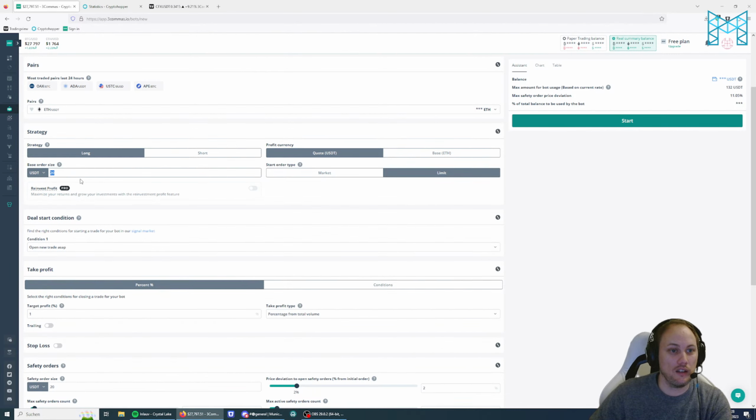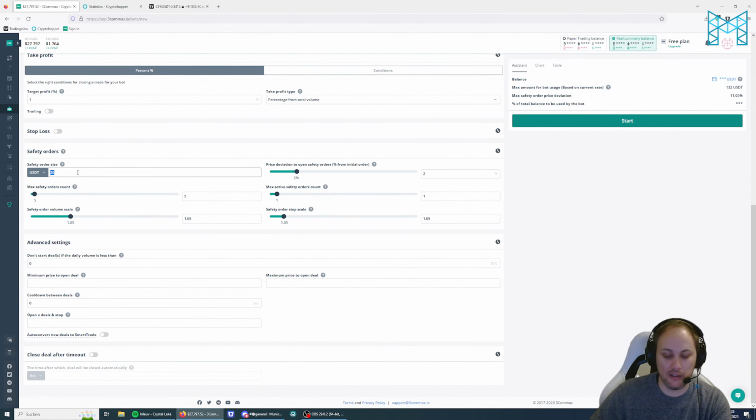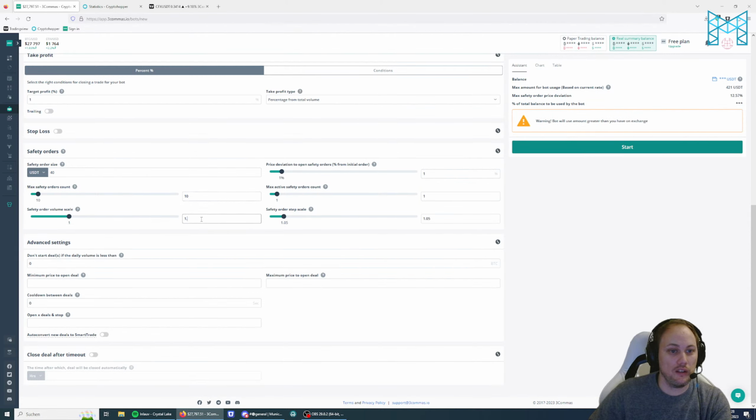Let's say the base order is 20, then take profit, it doesn't matter now. I will just show the settings, and let's say we make 40, then we say we drop by 1%, and here trade 10, here 1.1 because of the 10%.